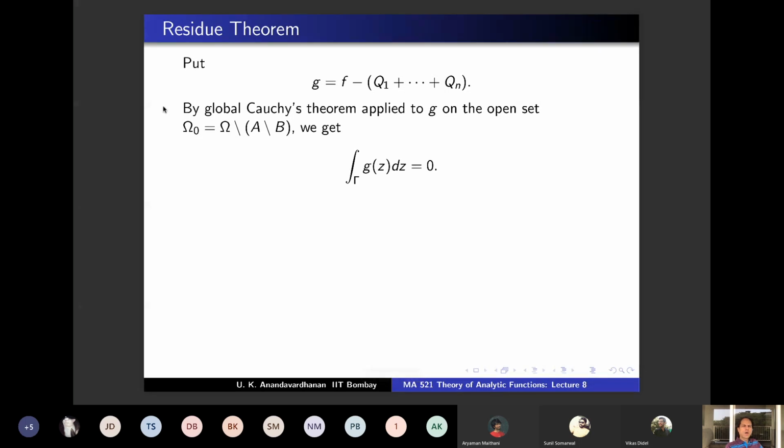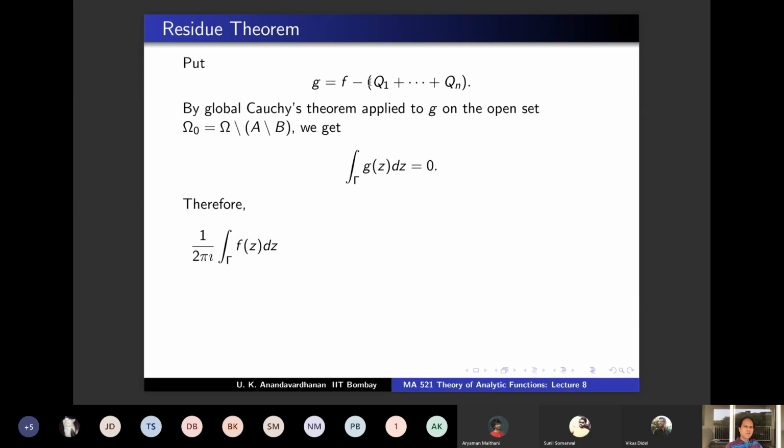That is B. So by global Cauchy's theorem, because of the homologous to 0 condition we had for gamma, the integral of g(z) dz is 0. This is Cauchy's theorem because we have removed the singularity, so it's holomorphic. So Cauchy's theorem applies.